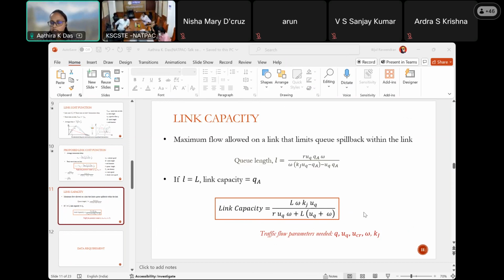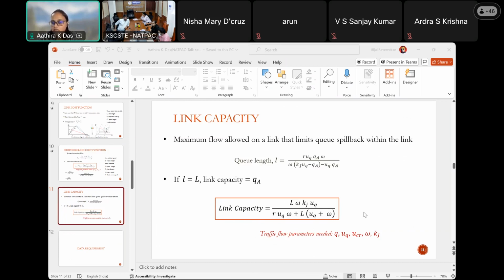The data was collected using cameras that have already been installed at intersections. Similarly, as we have CCTV cameras at intersections in Kerala, I believe the stop line and the upstream link, up to at least 100 or 150 meters in length, is visible.